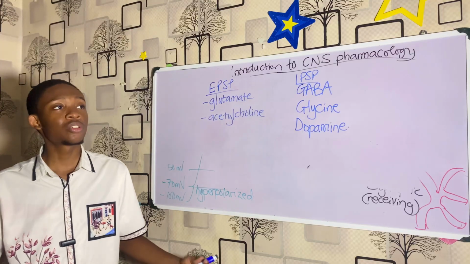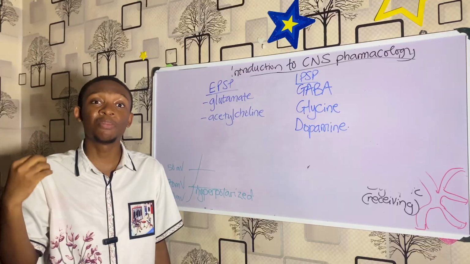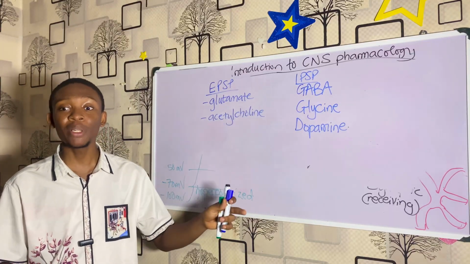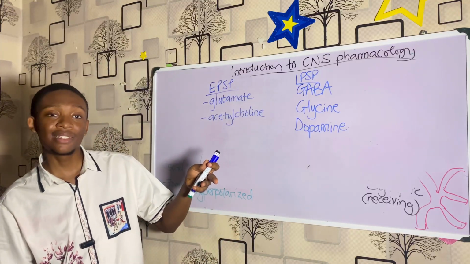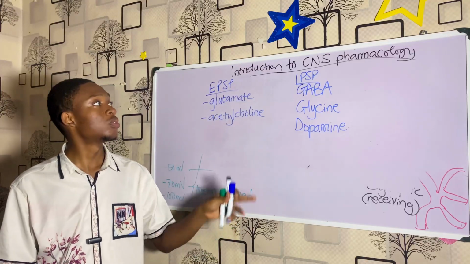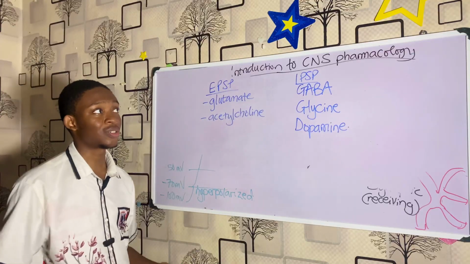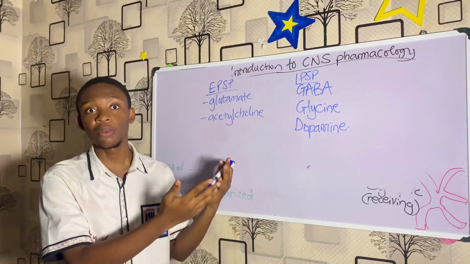And so we can say that inhibitory postsynaptic potential helps in reducing overexcitability of neurons. It helps in maintaining the balance between excitation and inhibition. And so most drugs would want to cause inhibition, and most other drugs would want to cause excitation. And this is just the basic introduction of CNS pharmacology.